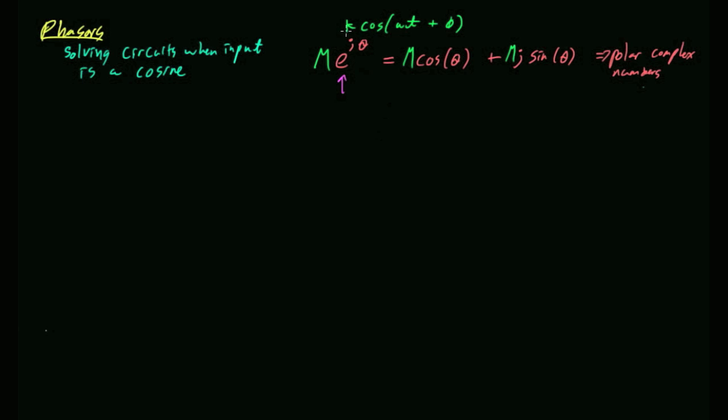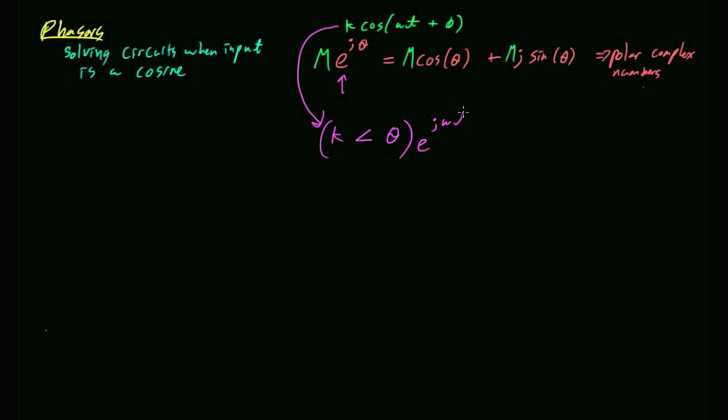Okay, so that's the shortcut we're doing. Input's a cosine. You pretend that your input is a complex exponential, solve all the math, and then at the very last step, because your input was really only the real part, you take the real part of your output, and that'll be the response. We did an example of that from beginning to end. The only tricky piece was that we represented our cosine as k angle theta times e to the j omega t.